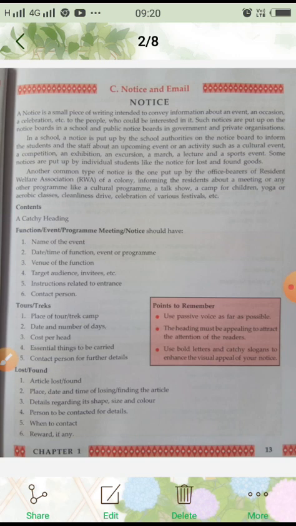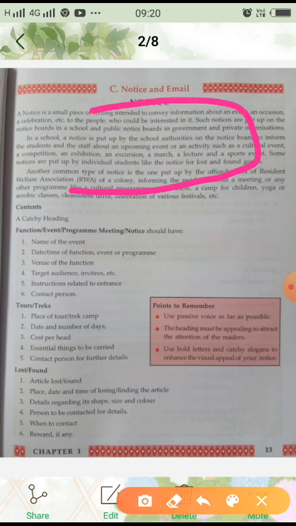So at first we'll read out these three paragraphs that are given, that what actually is the notice. I will explain these three paragraphs. Here, the first paragraph I will read and give the explanation of it.